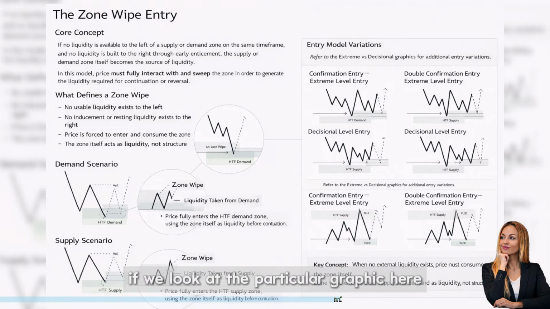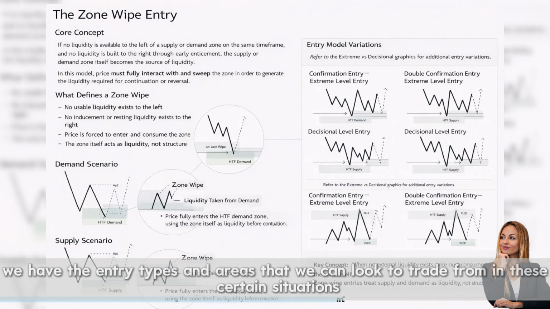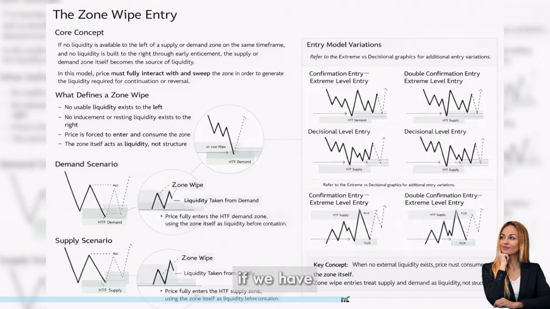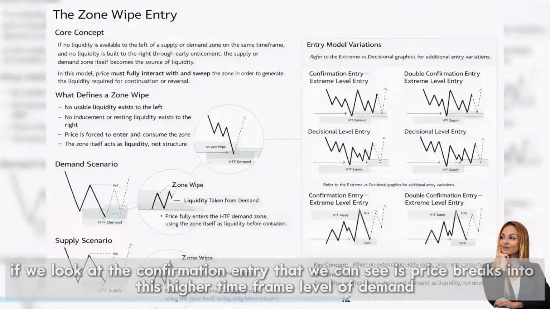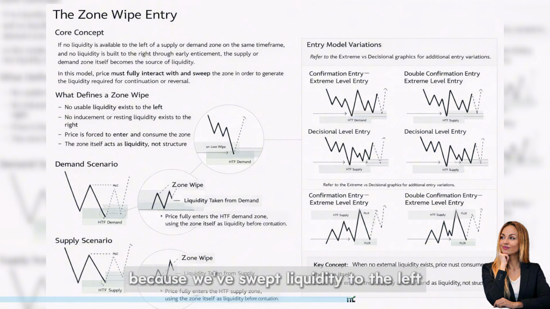If we look at the particular graphic here, as we can see, we have the entry types and areas that we can look to trade from in these certain situations. If we look at the confirmation entry, we can see price trades into this higher time frame level of demand because we've swept liquidity to the left.